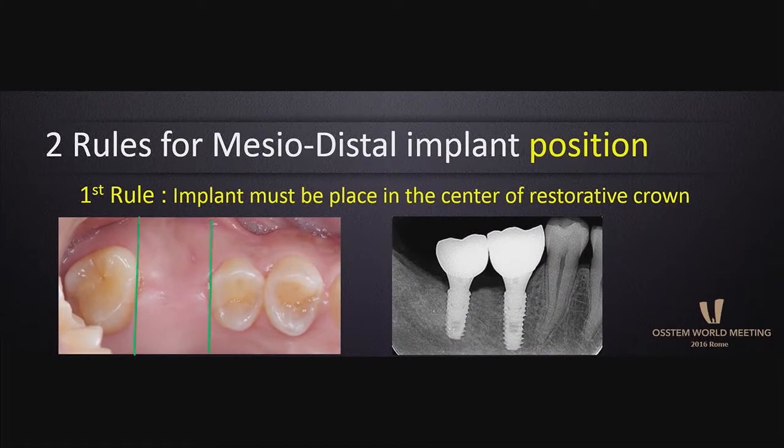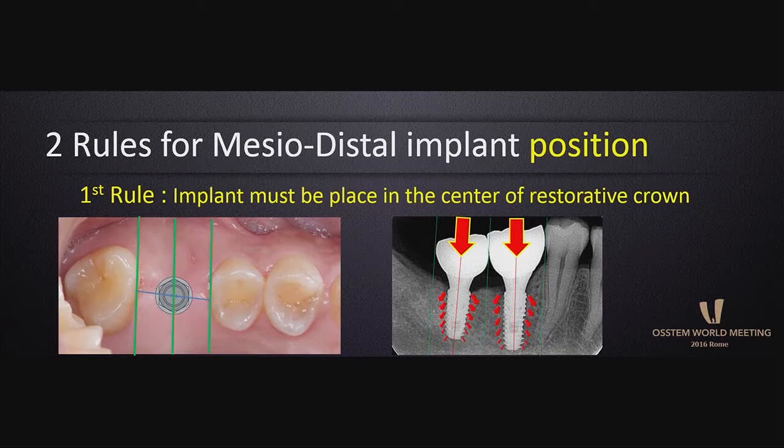The first rule for mesial-distal implant position is that the implant must be placed in the center of the restorative crown. This position is the midpoint between the mesial and distal surfaces of the restorative crown. With the correct mesial-distal implant position, when the implant supports the occlusal force, the force will go along the long axis of the implant, and this position will provide long-term biomechanical support for the implant.